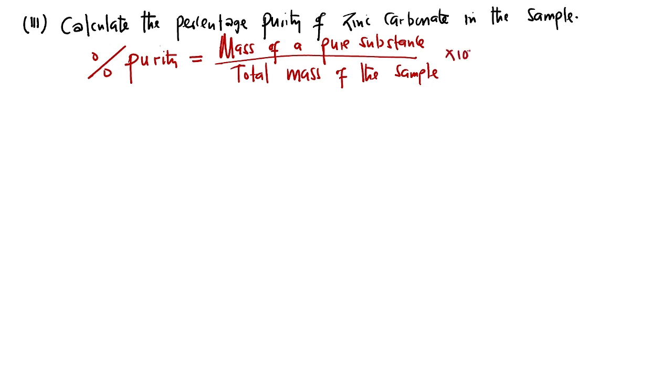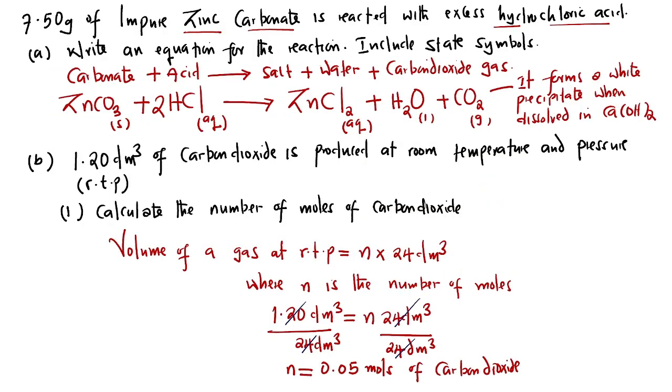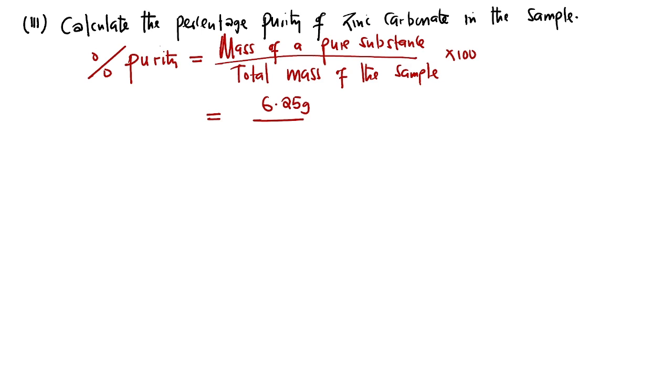then multiply by 100. As we can see there, for the mass of a pure substance we had 6.25 grams. Now, what is the total mass of a sample? Check there, the question is saying 7.50 grams. We describe that as the total mass of a sample, or the mass of an impure substance.